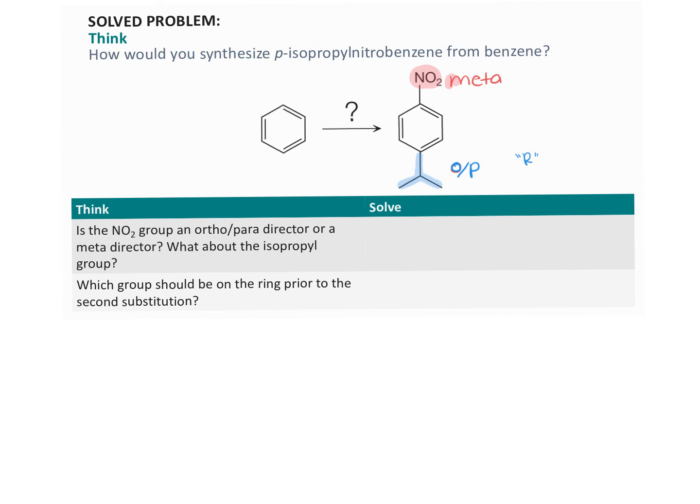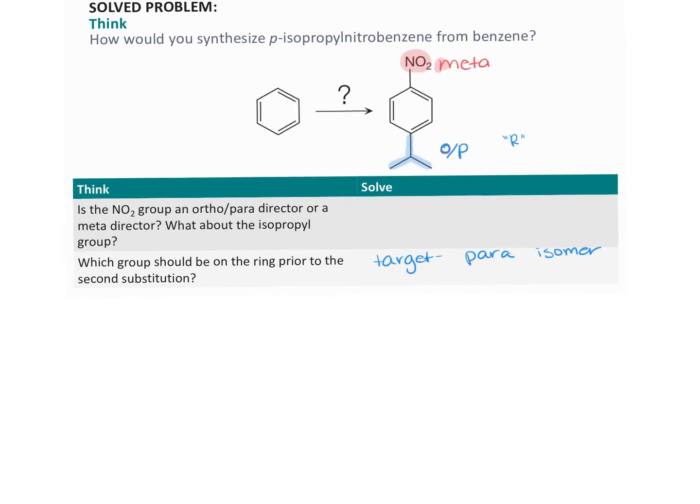The target here is a para isomer. And so what we need to do is add the ortho-para director first.